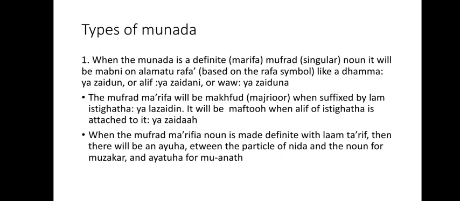Ayyatuha is added, and ya is the vocative particle. Ya ayyuhan nas. And nas is not singular in meaning, but you could say it's a singular word. It means people, but obviously in terms of meaning it's plural. So you add ayyuha between it and ya, which is used to call it.